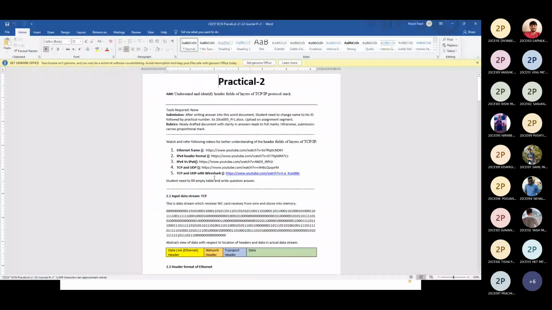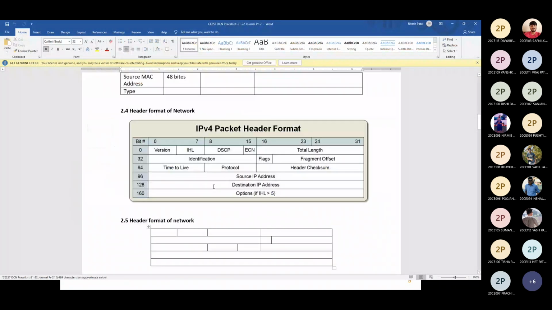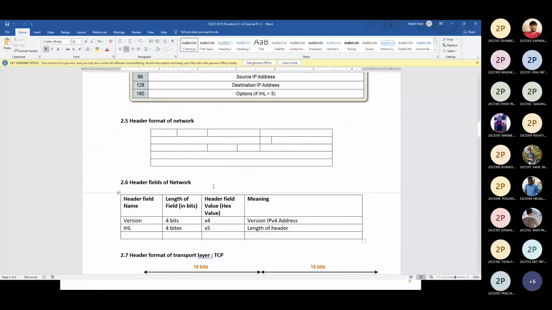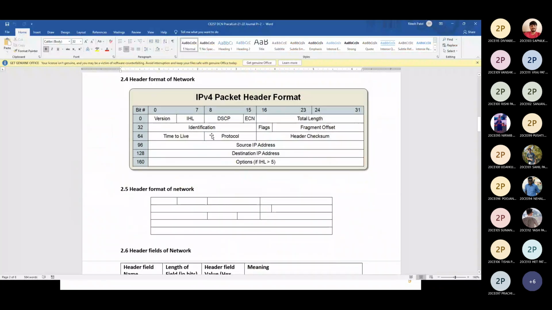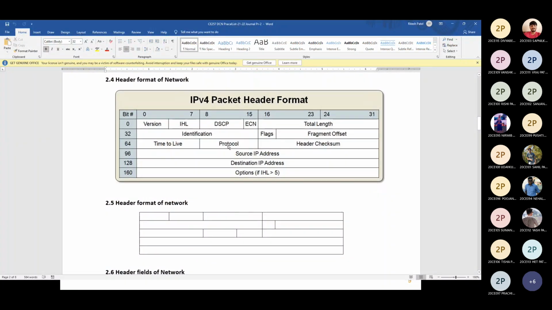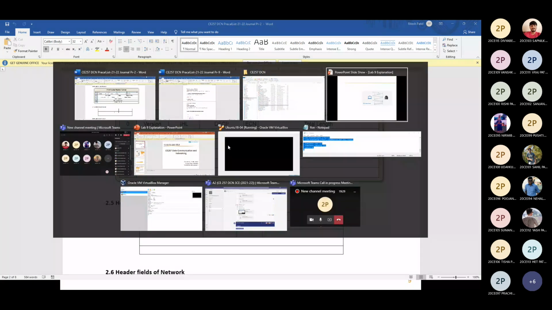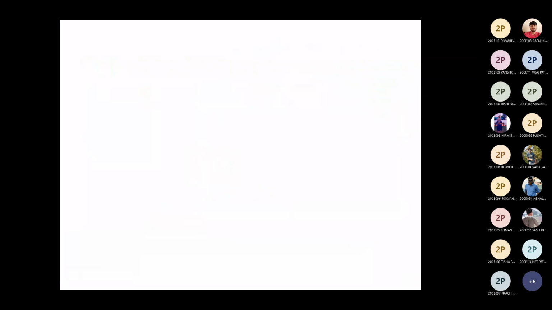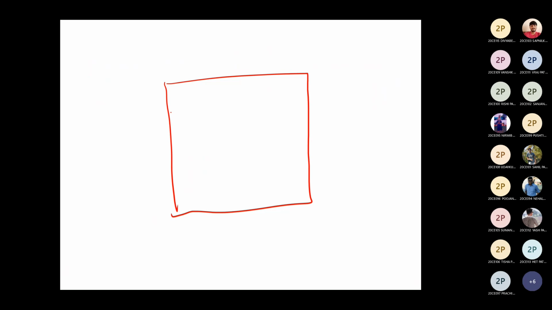In practical number 2, we have discussed very well, or you have observed, that in the network header there is a field called protocol. Using this protocol field, it can be differentiated whether the data belongs to TCP or to UDP.